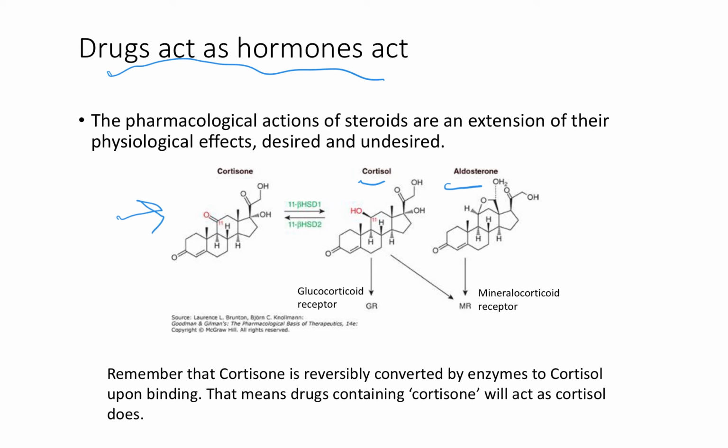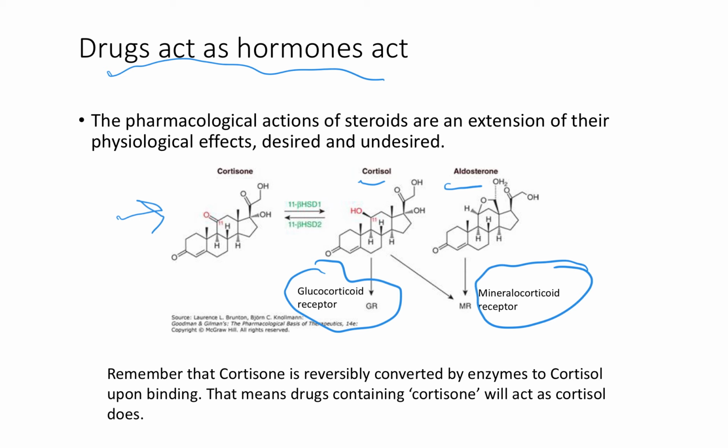Another important note is with regards to their location of activity. We have within nearly every cell in the body a glucocorticoid receptor, a GR, and those glucocorticoid receptors can bind cortisol. The other type of receptor that's important is a mineralocorticoid receptor. Things like aldosterone bind primarily to mineralocorticoid receptors.